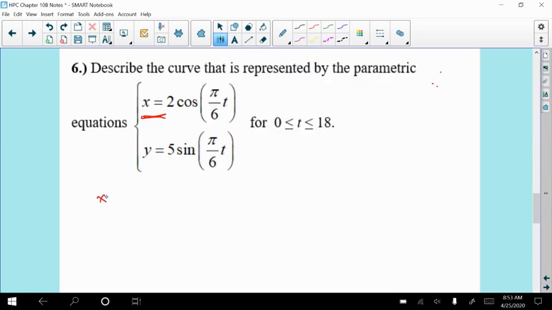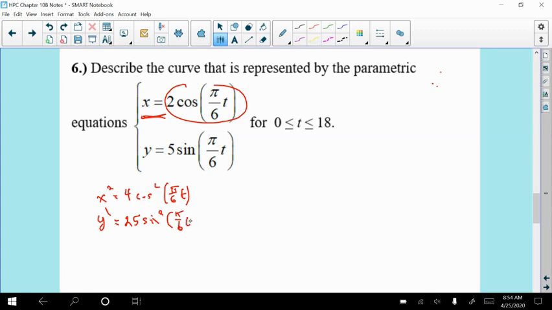that's x squared equals, and when you square this, you're squaring the 2, so that's 4, you're squaring the cosine function, cosine squared, but you don't square the angle, it's still pi over 6t. And then I square this, y squared equals 5 squared is 25, sine squared of pi over 6t.